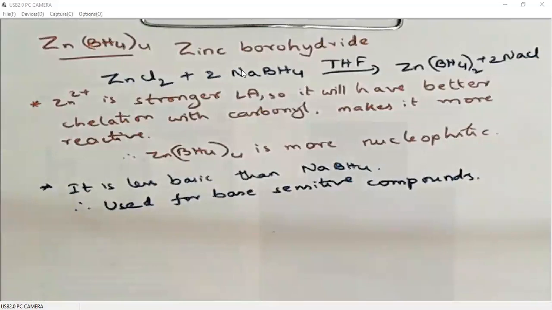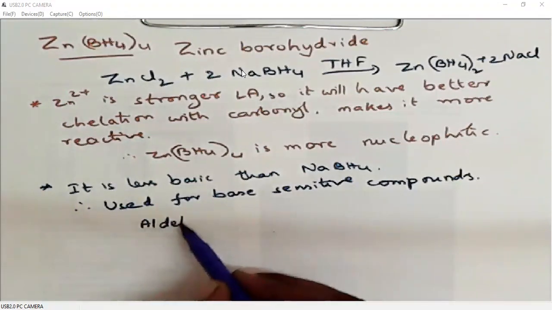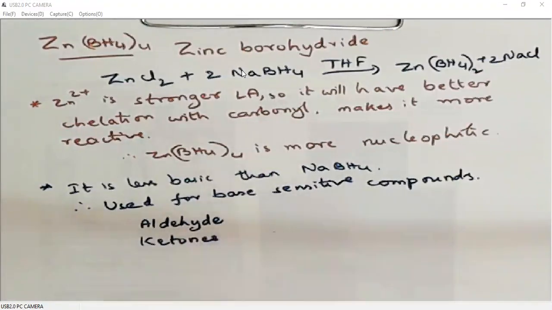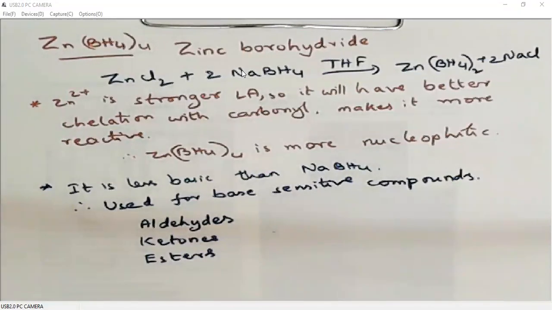Then, I did tell you that zinc borohydride is more nucleophilic than the other two borohydrides, sodium borohydride and lithium borohydride. Sodium borohydride can only reduce aldehydes and ketones to the corresponding alcohol, whereas lithium borohydride will also reduce esters to alcohols.